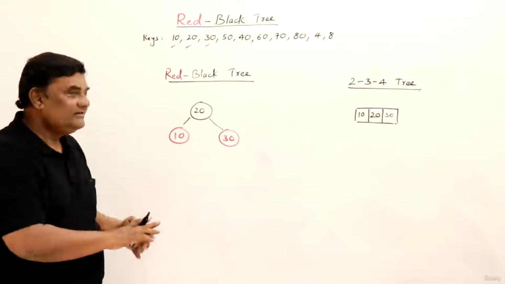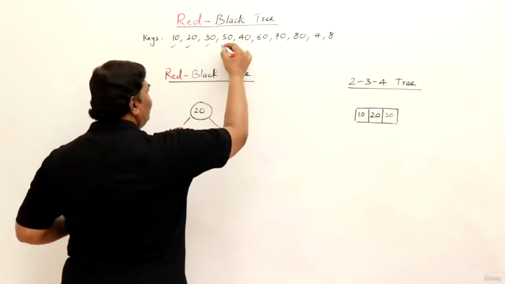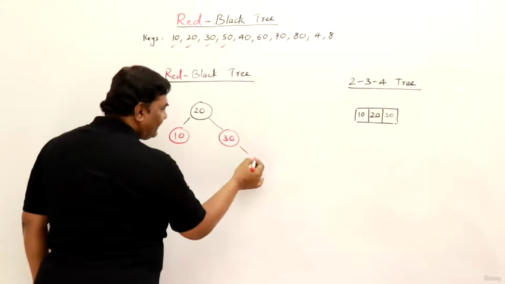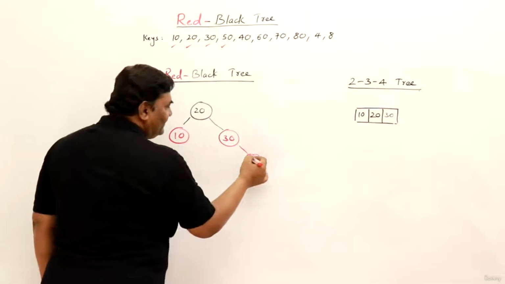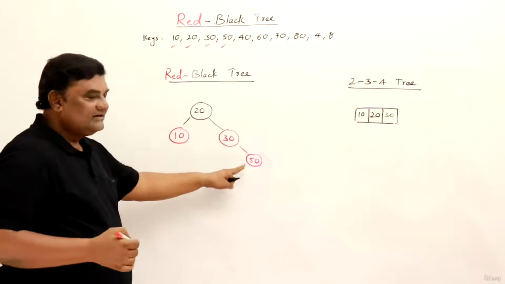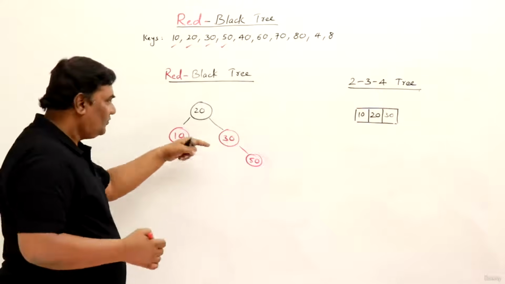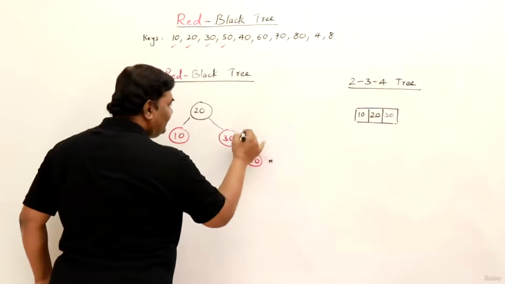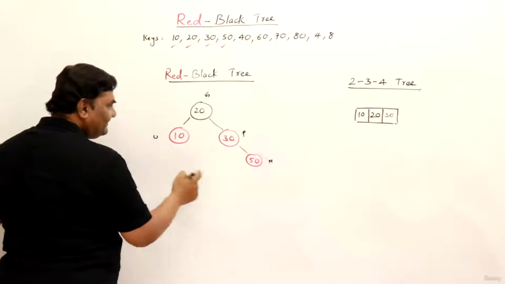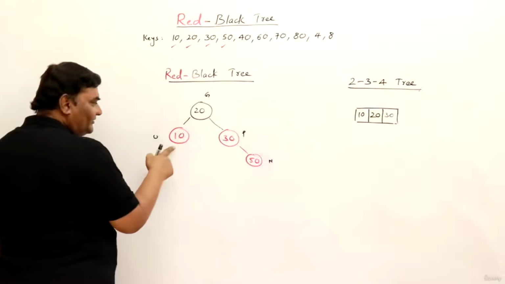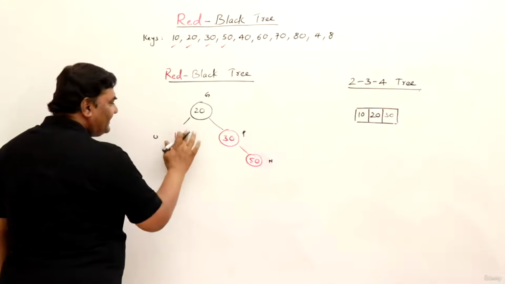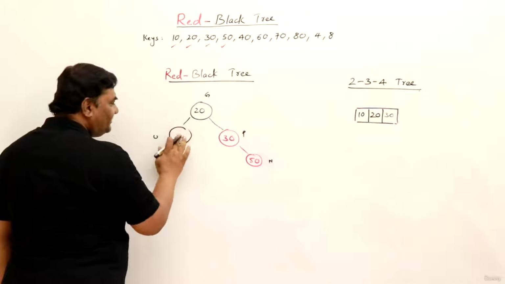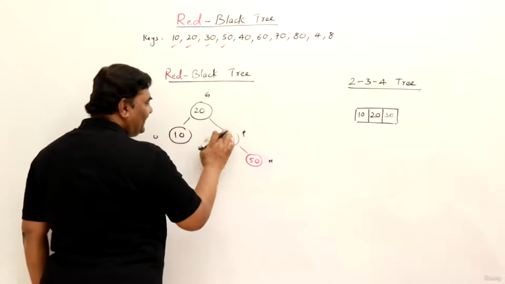Now next key is 50. So where will it be inserted? Here, 50. Red conflict. So what do we do here? This is the new node, this is parent, this is grandparent, this is uncle. Parent is red and uncle is also red. So what to do? Change the color of parent and uncle to black. So these two should become black.